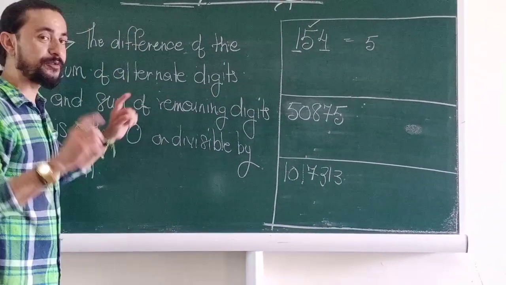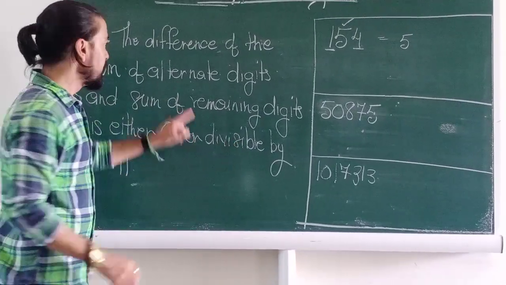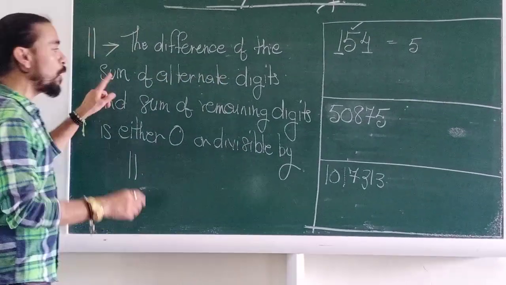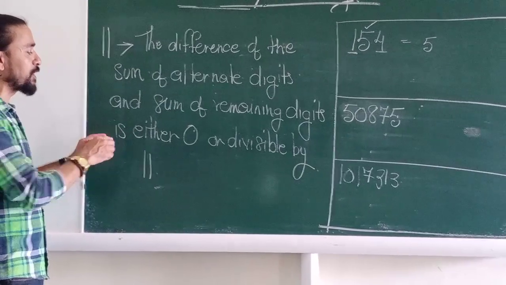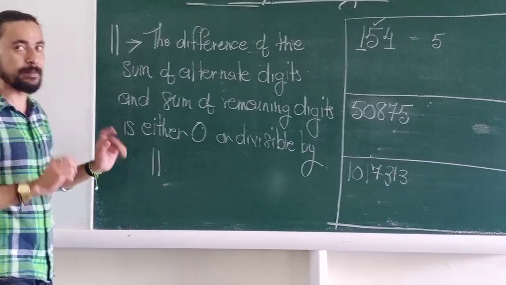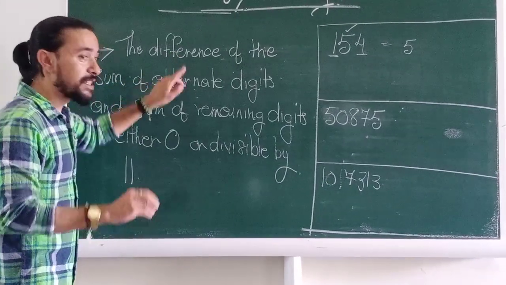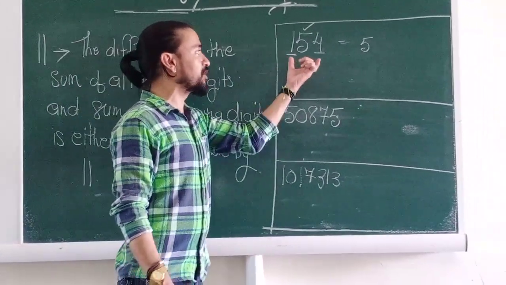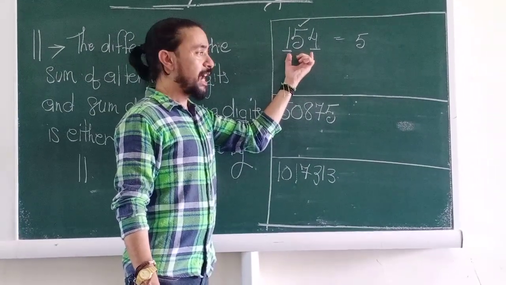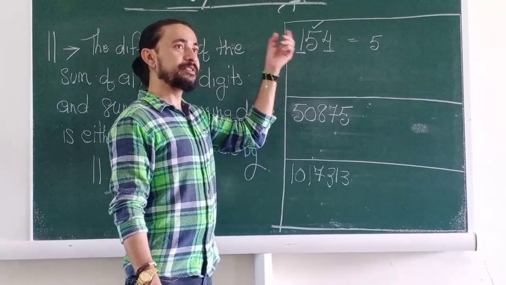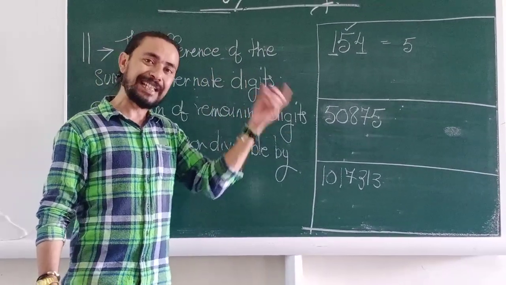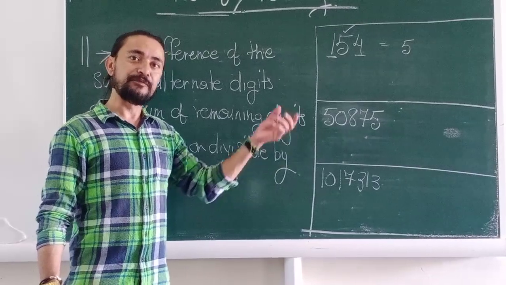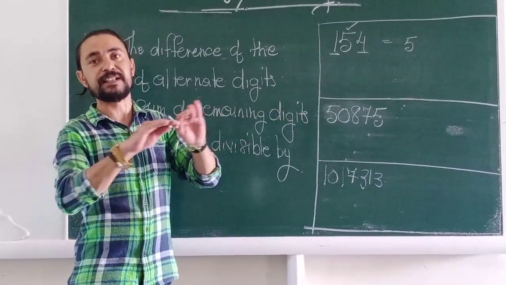The difference means subtraction. The difference of the sum of alternate digits and the sum of the remaining digits is either 0 or divisible by 11. So I have to add the alternate digits and find the sum, then add the remaining digits and find the sum, and then subtract them.